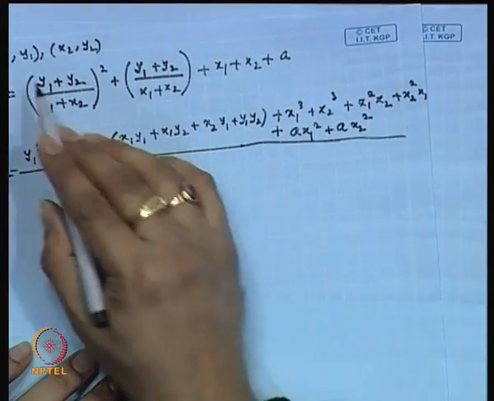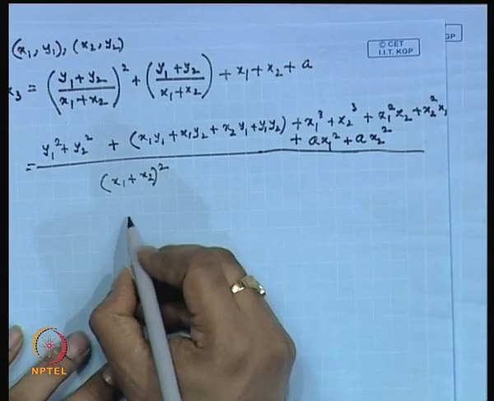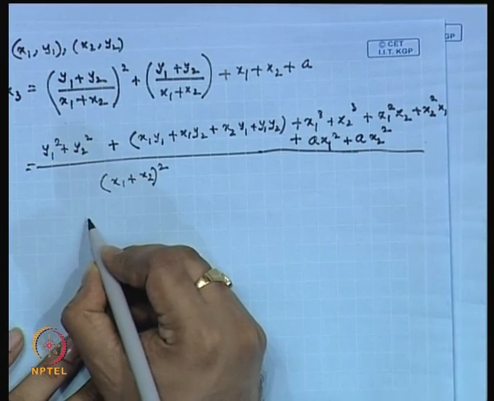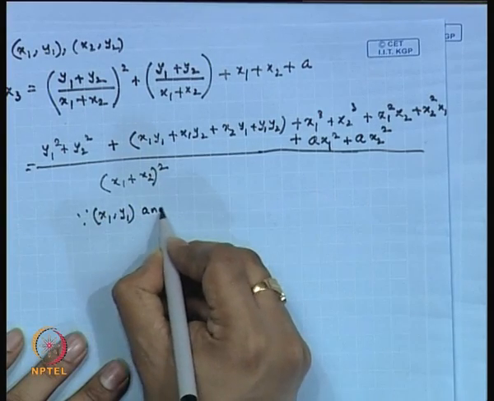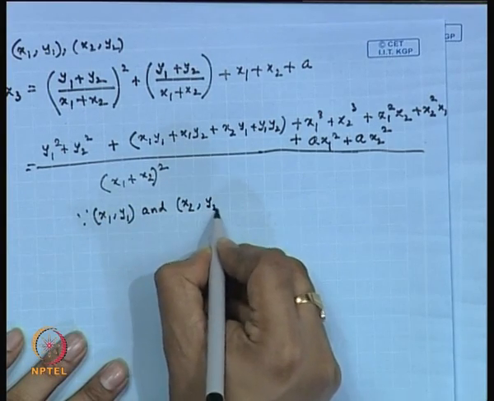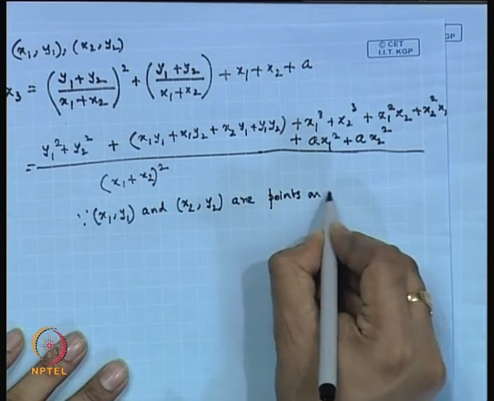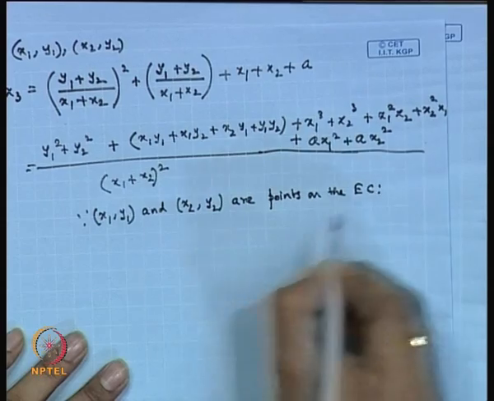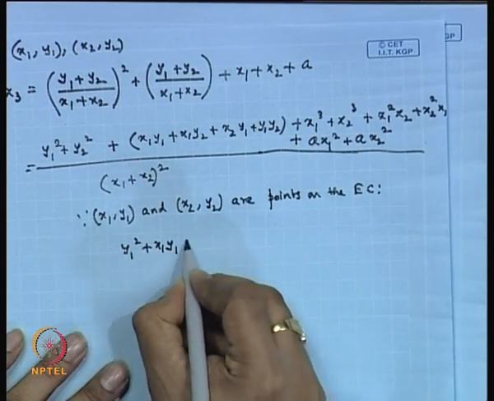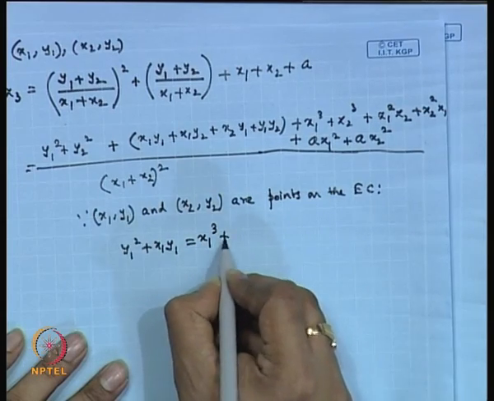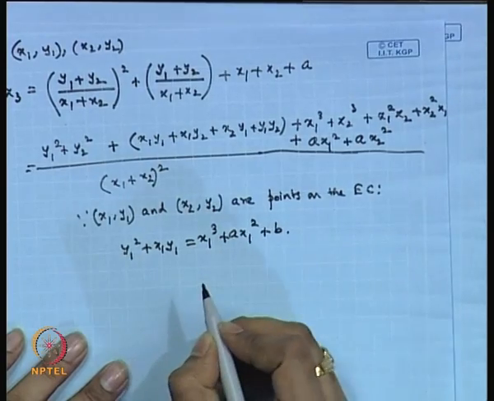And you note that x1, y1 is a point on the elliptic curve. Okay. So, you know that if this is your equation, then since (x1, y1) and (x2, y2) are points on the elliptic curve, y1 square plus x1y1 is equal to x1 cube plus a x1 square plus b.